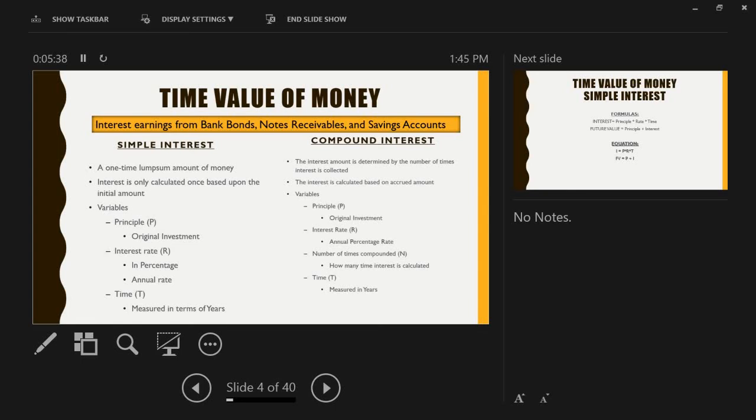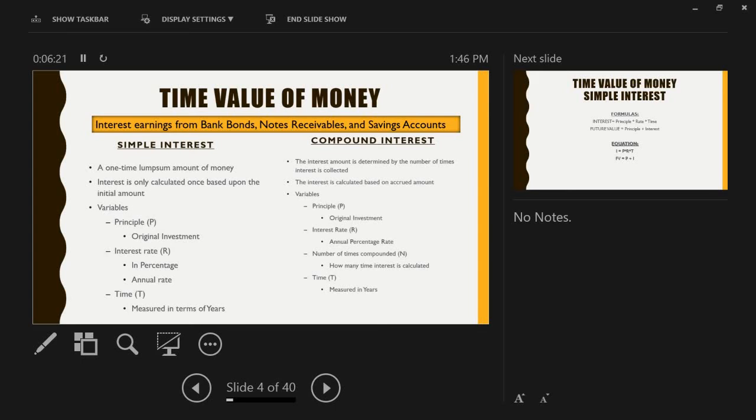Then we're going to introduce an interest rate. An interest rate is an annual rate. That means in 1 year you're going to be charged this percentage for interest, okay? And then lastly, we're dealing with time, and time is usually given in terms of years. But in this class, we learn that time could be every day, every week, 6 months, 9 months, it doesn't matter as long as it's a given time, but it's generally given in years, okay?